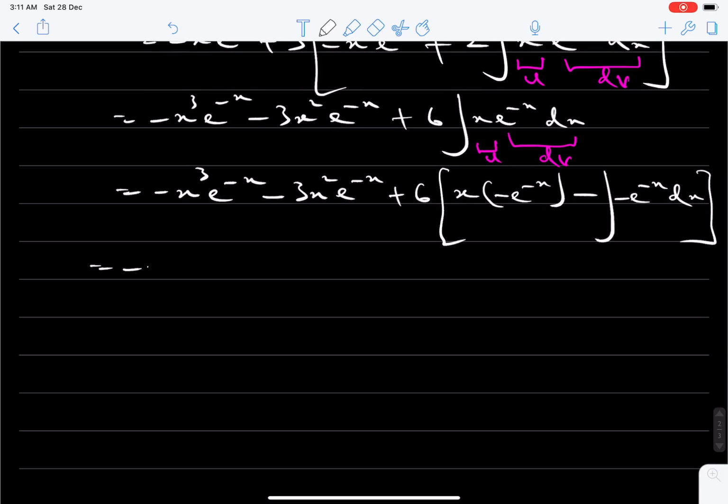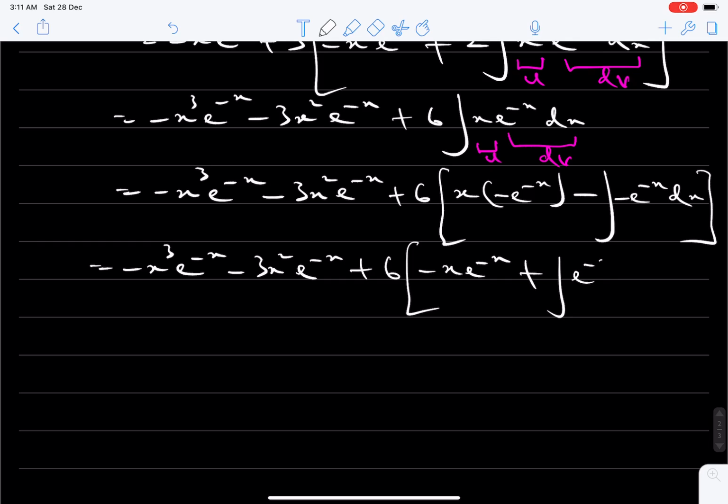And that becomes minus x cubed e raised to power minus x minus 3x squared e raised to power minus x plus 6 times minus x e raised to power minus x plus the integral of e raised to power minus x.